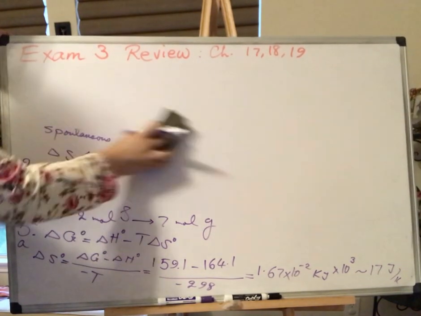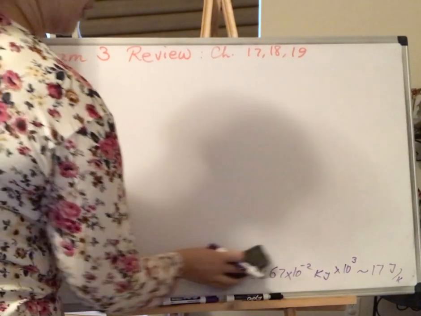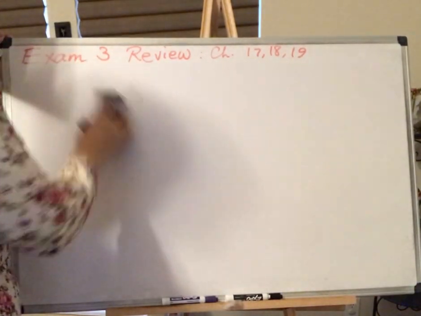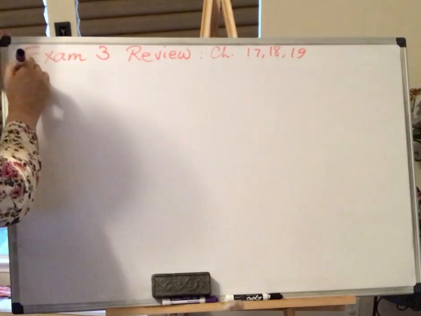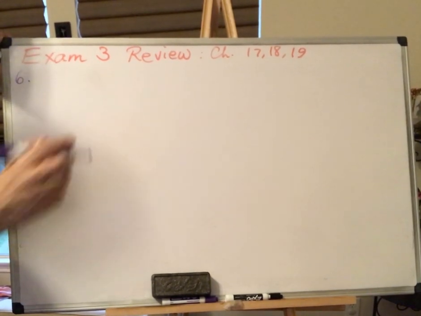For question number 6. When the following oxidation reduction reaction in acidic solution is balanced, what is the lowest whole number coefficient for rubidium ion?